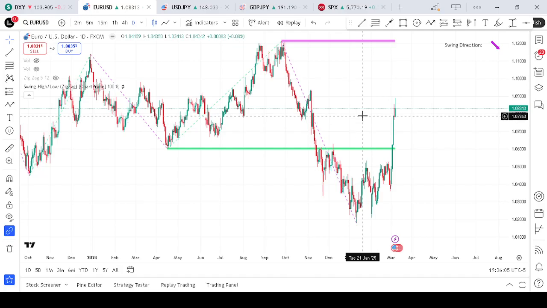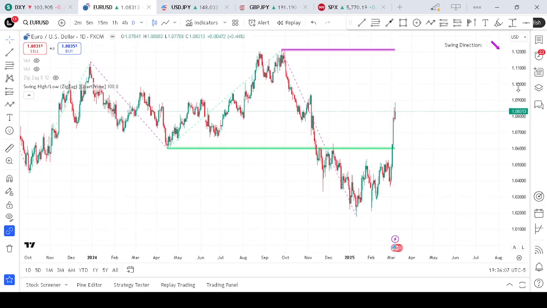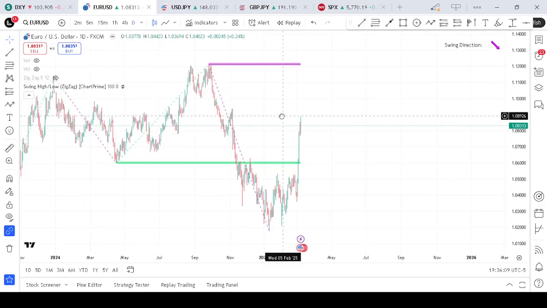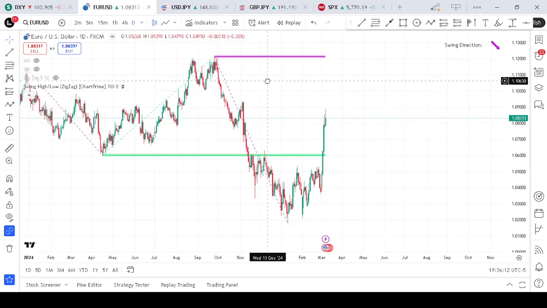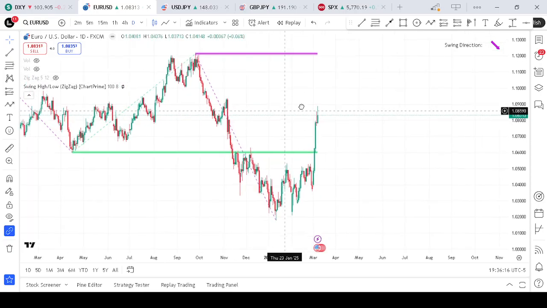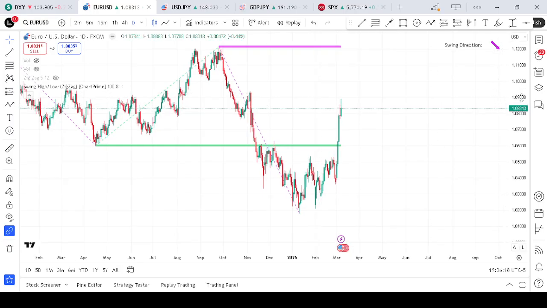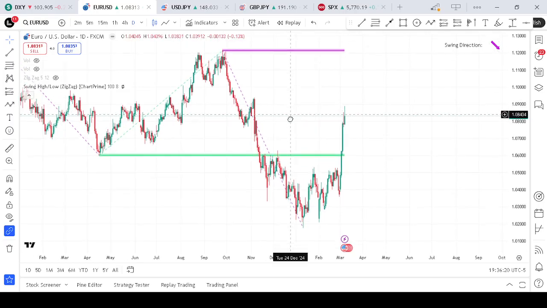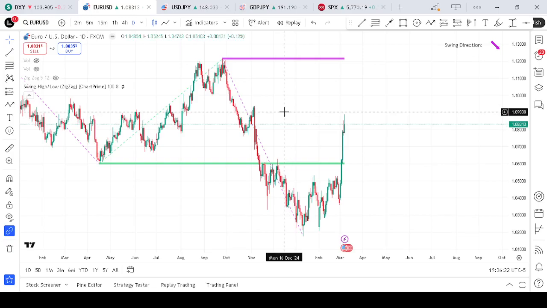It also helps us to spot key support and resistance levels on the chart. Swing highs and lows often align with key support and resistance levels in the market. These levels can act as potential entry or exit points for traders.